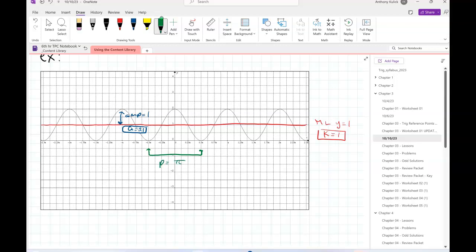pi. So if I calculate that period by doing 2 pi times the absolute value of c, and that has to equal pi, what does c have to be?